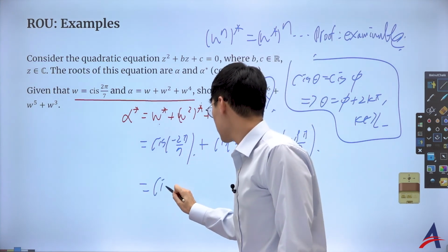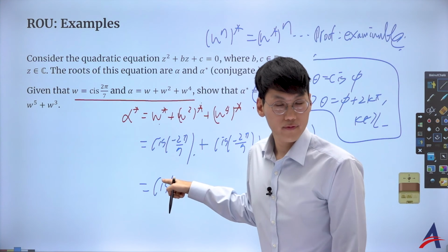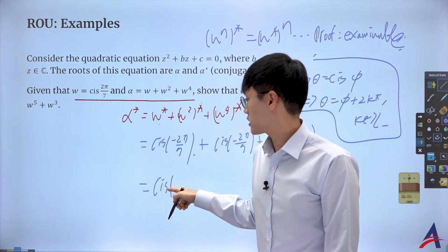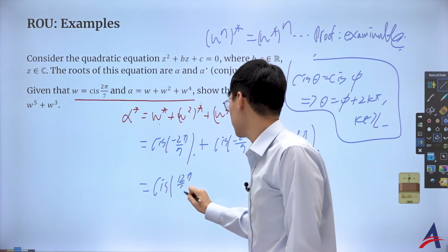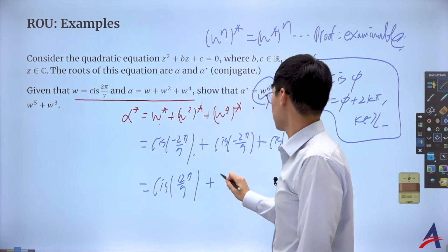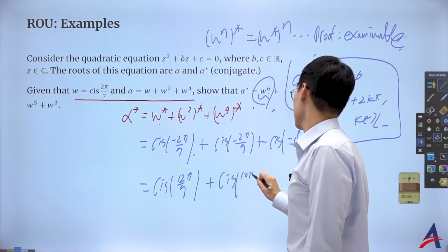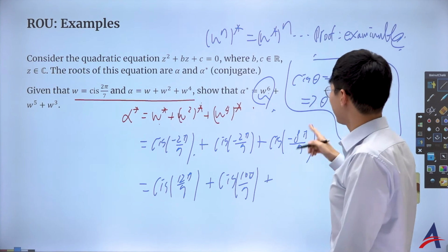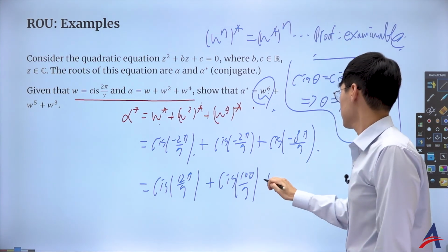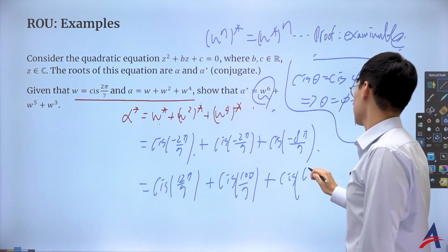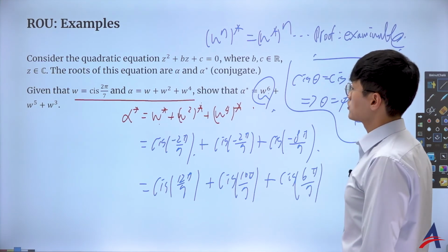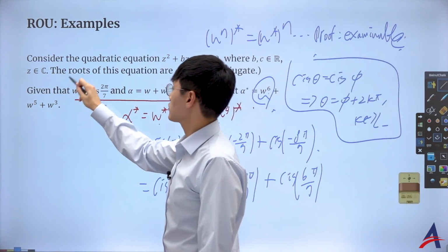So it's going to be cis, 2 pi is 14 pi over 7. If you subtract 2 pi over 7, I get 12 pi over 7. That's lovely. And then this is going to be cis 10 pi over 7, and then this is going to be cis 6 pi over 7. So that's great. But I want you to realize omega was given as cis 2 pi over 7.